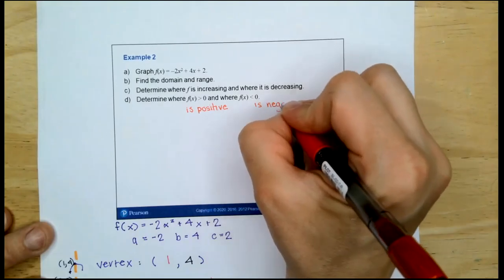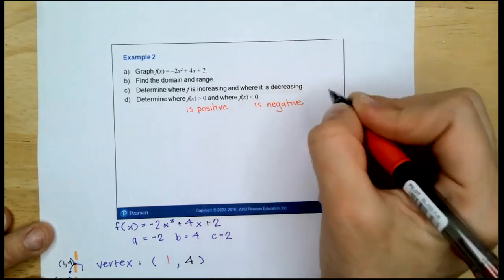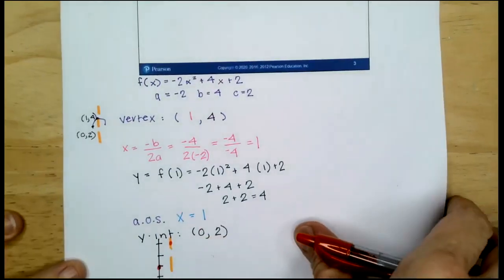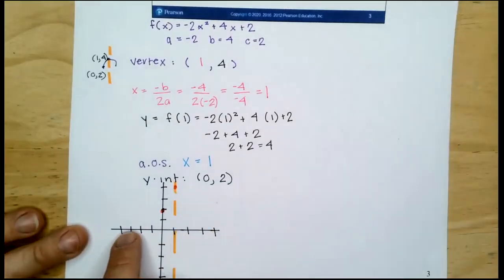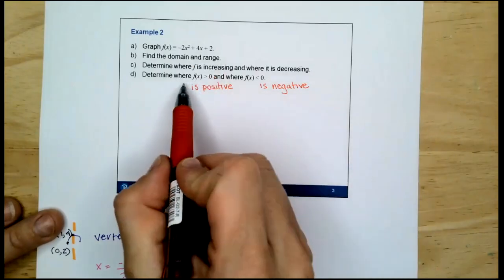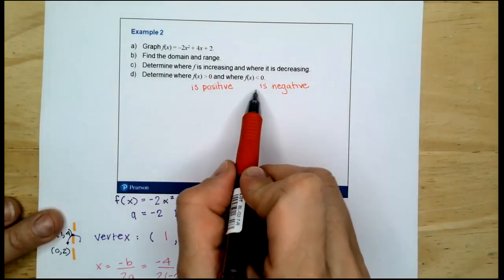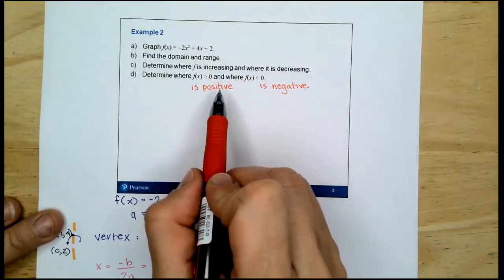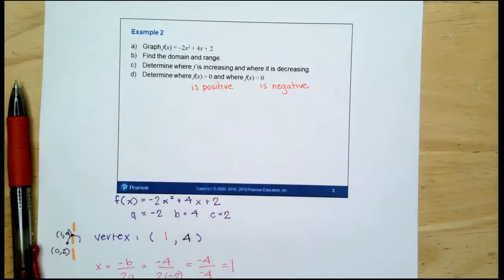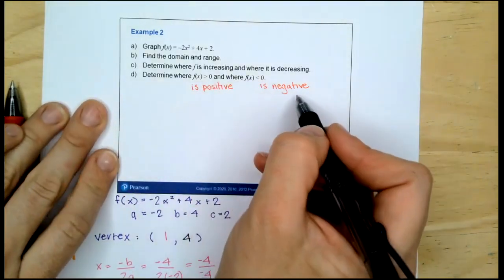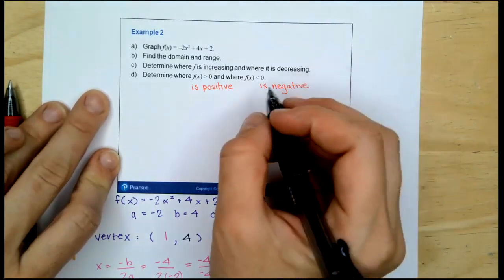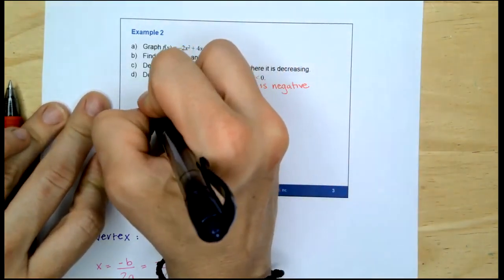Less than 0. And what they mean is where it is above and below the x-axis. So for this, as we are graphing it, we need to know what our x-intercepts are, okay? So to determine where it's positive and where it's negative, you need to see what are the x-intercepts.